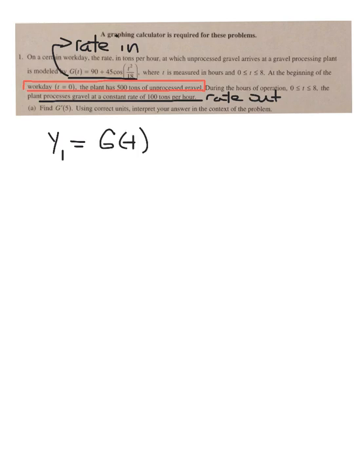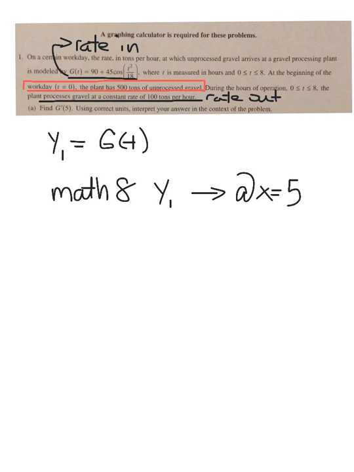Once you have that in there, you go to your home screen. And then remember, you're just going to do Math 8, right? So that's your nDeriv of what's in your Y1. And we're going to evaluate that at x equals 5. Go ahead and do that and see what you get.